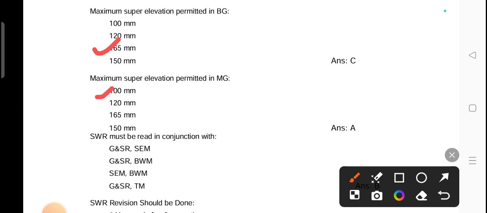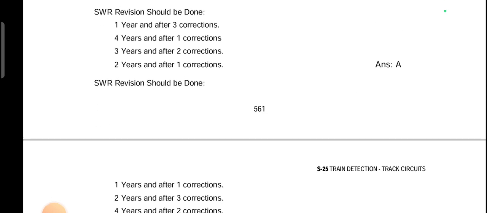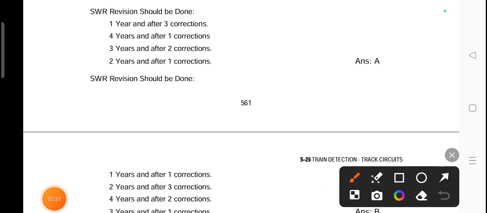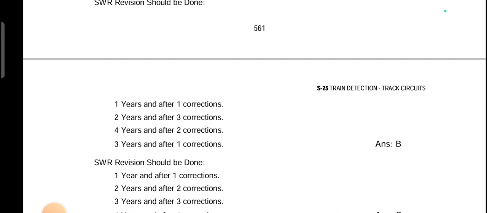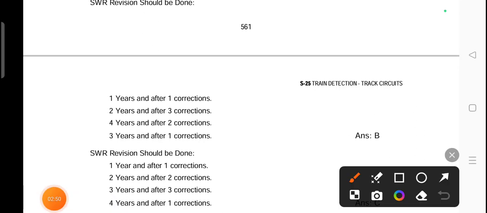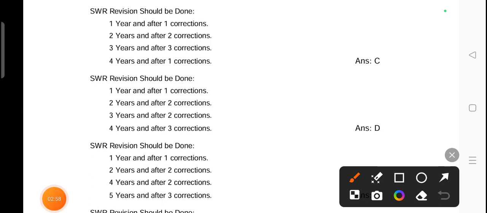Next, SWR must be read in conjunction with GNSR and BWM block working manual. Next, SWR revision should be done after 1 year and after 3 corrections. Next, SWR revision should be done after 2 years and after 3 corrections. Next, SWR revision should be done after 3 years and 3 corrections.